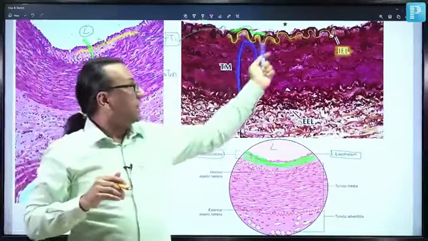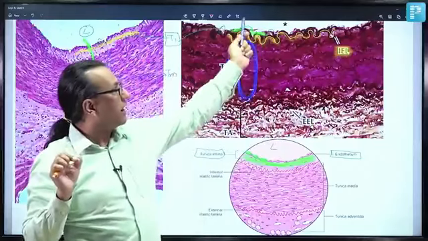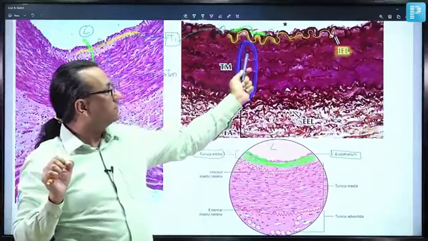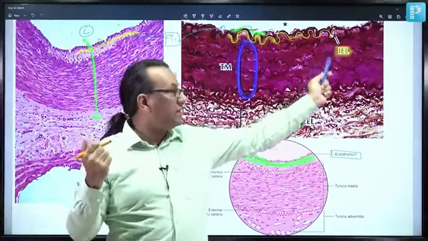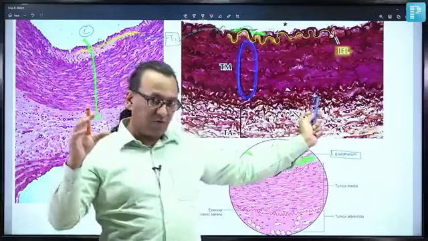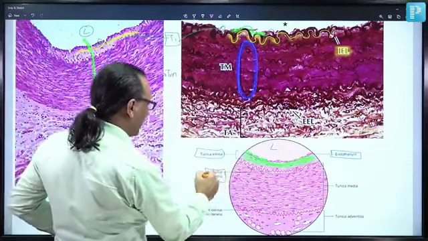So, the internal elastic lamina is the boundary line between tunica intima and tunica media, and is more prominent in case of an artery, especially the muscular artery. So here it is shown, internal elastic lamina.